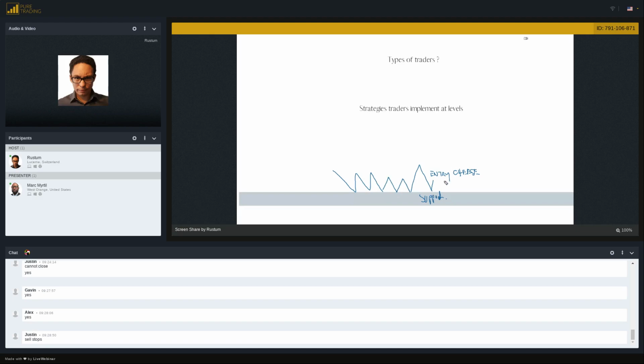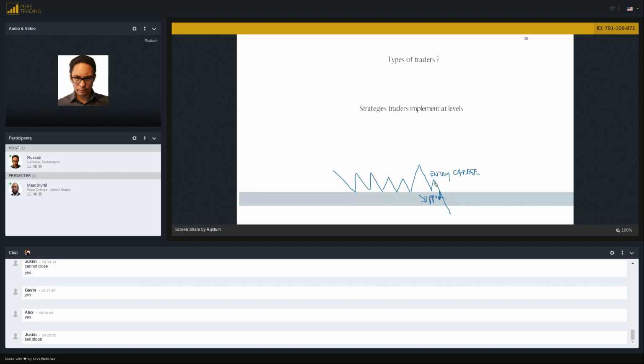The next sort of trader that we have when we get to a level is a guy that likes a breakout. And what is he breaking out? He's breaking the support. He has a completely different view to the level trader.